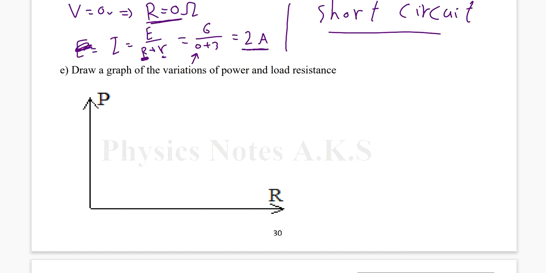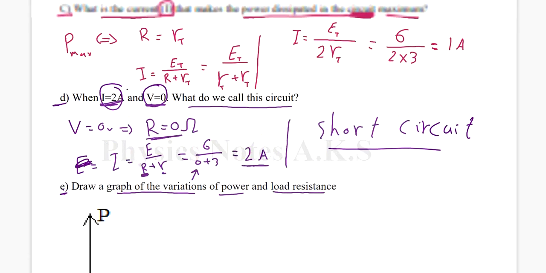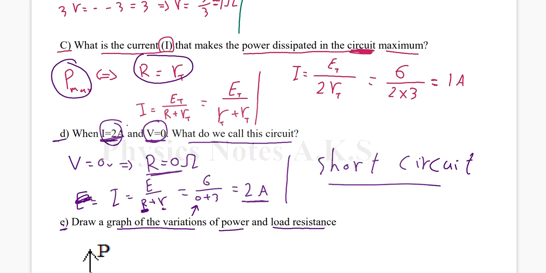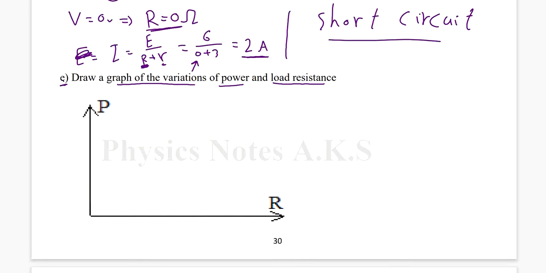Now in part E, they want me to draw the graph of variation of the power and the load resistance. We just agreed before that I will have a maximum power when the external load equals the internal resistance.